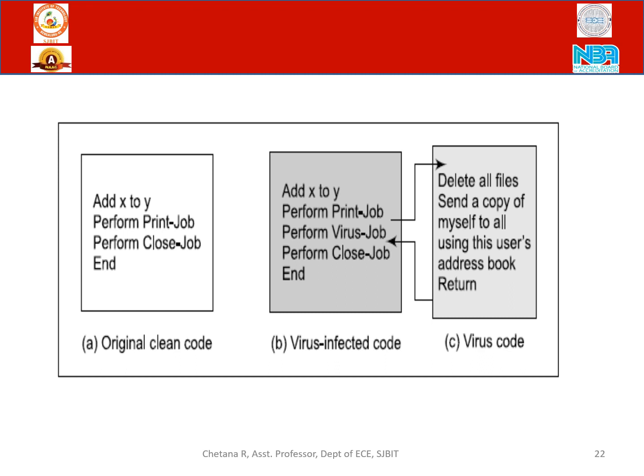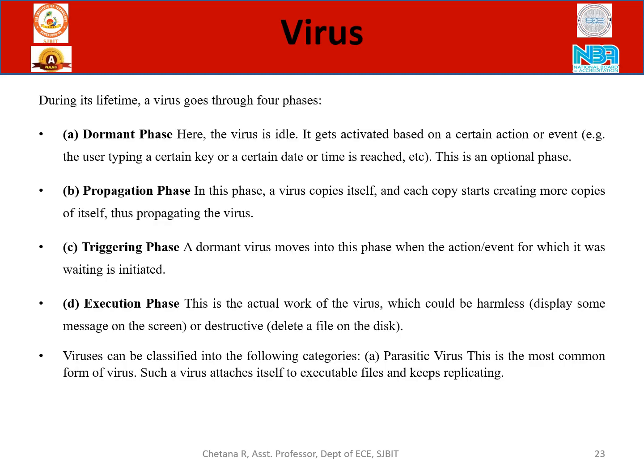It also tells to send this copy of myself, that is the virus, to all the people whose address is in the address book. So it is propagating by itself, going across the network and within the network. So this is how the virus code comes and sits into the actual code, and this is how it is affecting the system. The details we'll study later, but still we will have a brief discussion.